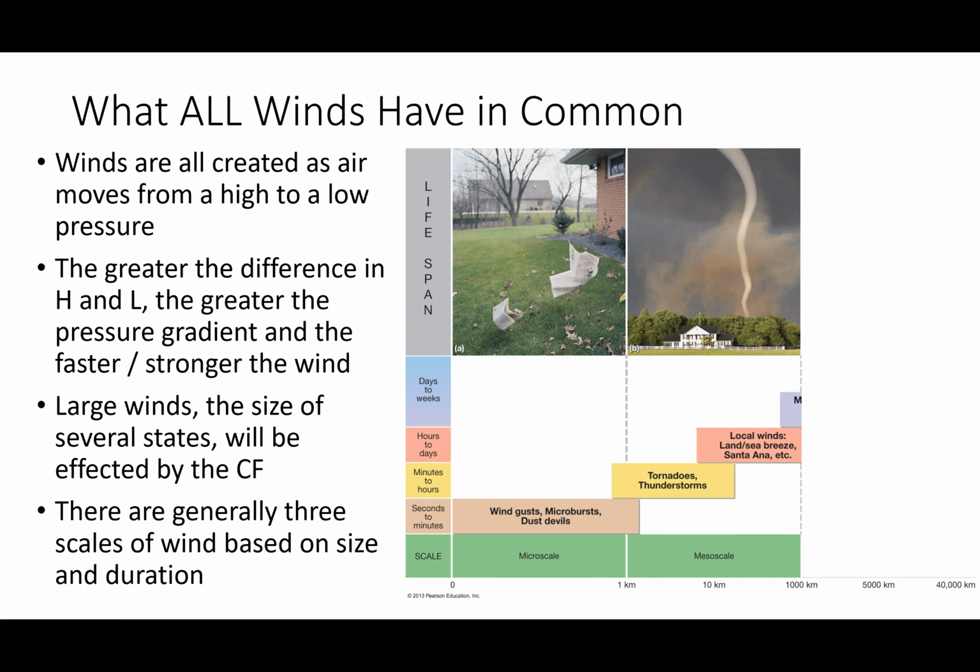Okay, something a little bit larger and lasting a little bit longer. Mesoscale wind patterns. Of course, we have a picture of a tornado. Meso meaning kind of middle. They are larger and last longer. One of the topics we're not going to cover is what we call local breezes.